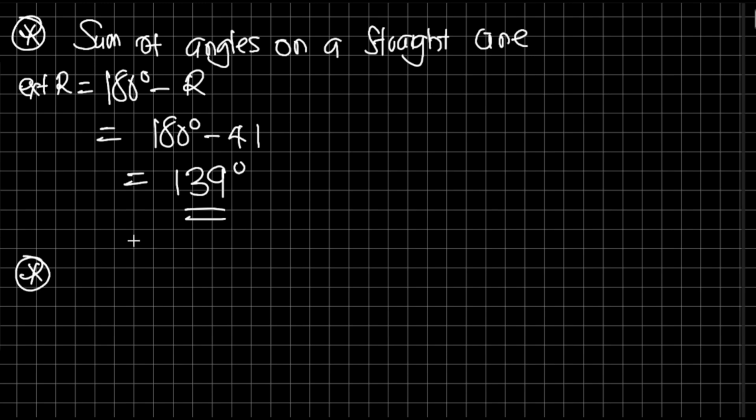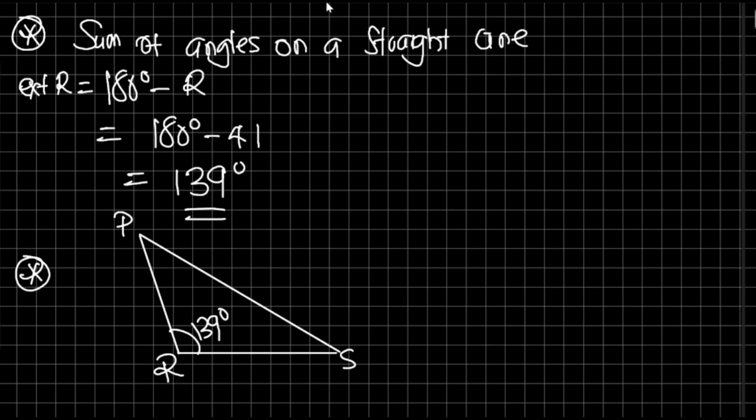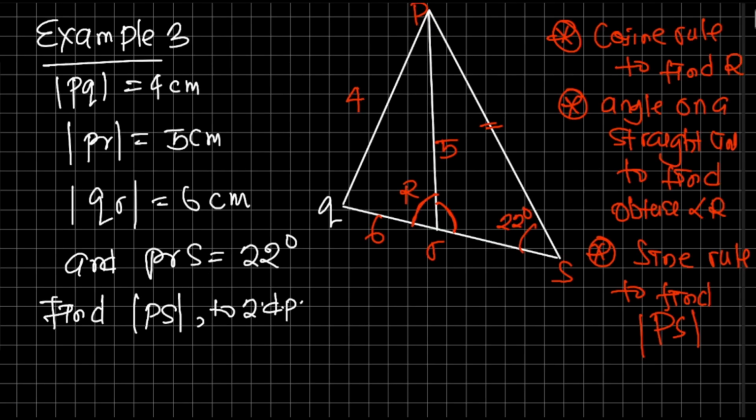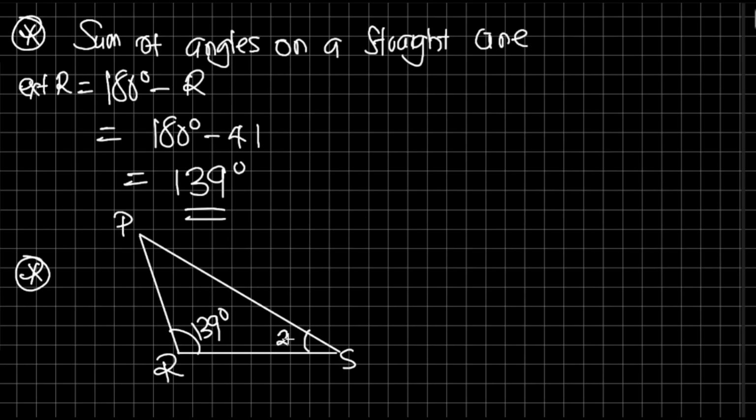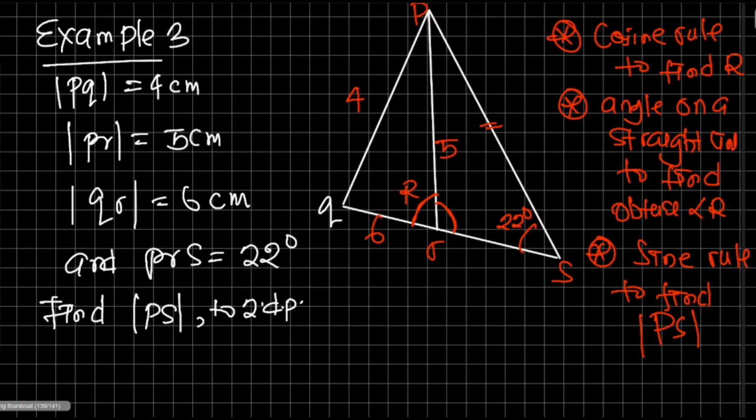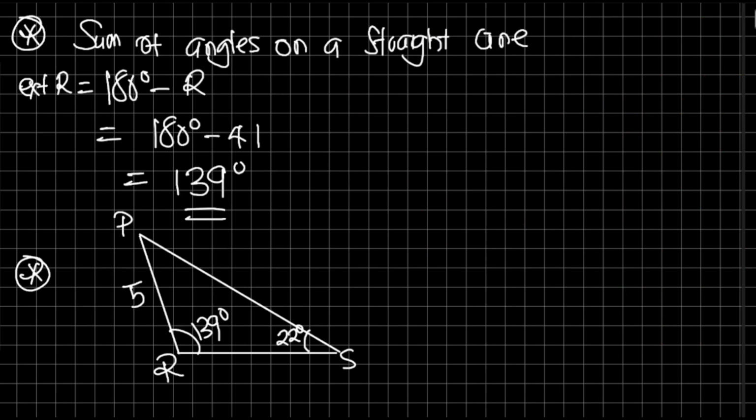Let me draw out the other triangle: this is P, this is S, and this is R. This angle now is 139 degrees. We have angle S, which is 22 degrees, and of course we know that PR is 5. Now we can compute this value.